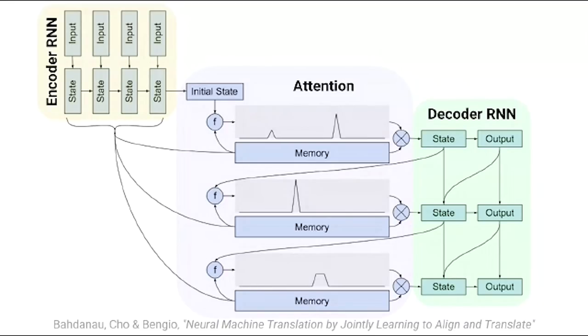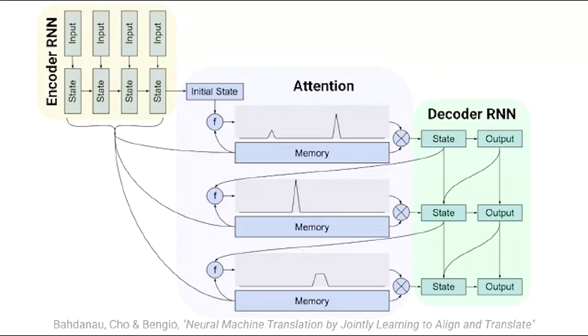Then a context vector is constructed as the weighted average of the memory, weighted by the probability distribution. Given this context vector, the decoder RNN updates its state, taking as input the context vector, its previous state, and its previous output, and finally produces a new output.